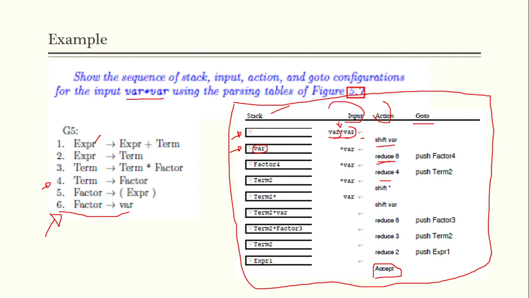So in order to read the goto table, what will be the row and column? The row is the one before var, which is the triangle here. What will be the column? The column is from your rules, which is factor.